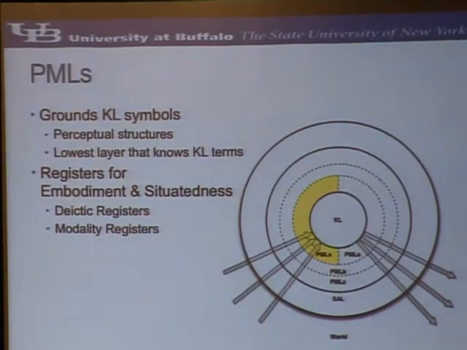So PML-B and below are ignorant of the representation language used at the highest level. These contain registers for embodiment and situatedness, including the deictic registers, which I showed you the use of in that FIVAR conversation, and modality registers. I'm not really going to talk about these much or at all anymore.